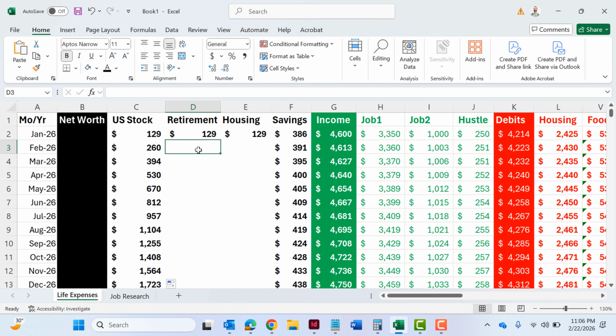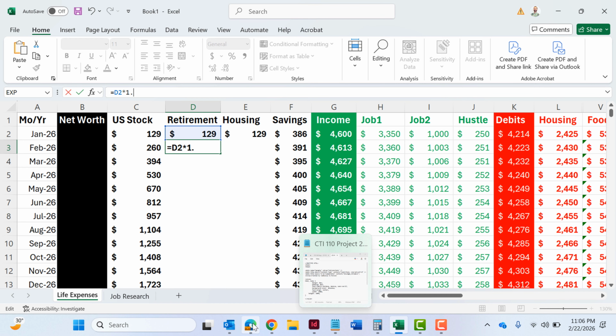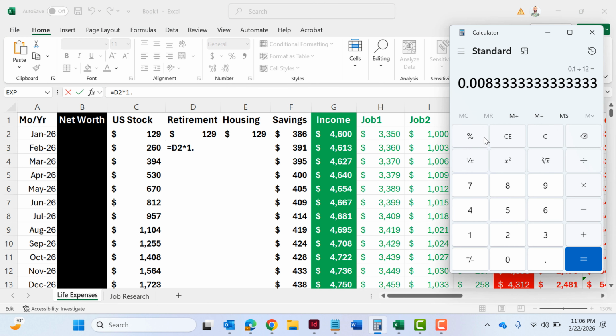So we have to go here and say, for next month's retirement, which would be February, it's going to be equal to last month's D2 multiplied times itself times 7% annual divided by 12 months. Let's do that again. 0.07.